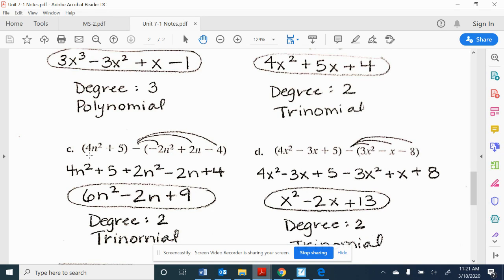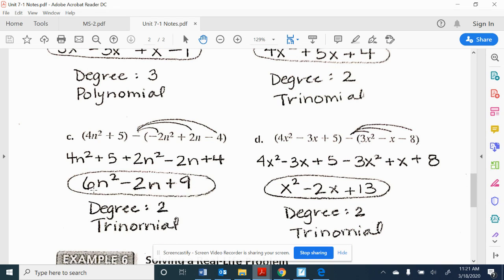Okay, 4n squared plus 5 plus 2n squared minus 2n minus a minus is a plus 4. Now let's start combining. 4n squared plus 2n squared is 6n squared. Minus 2n, nothing to combine with that. Plus 5 plus 4 is plus 9.